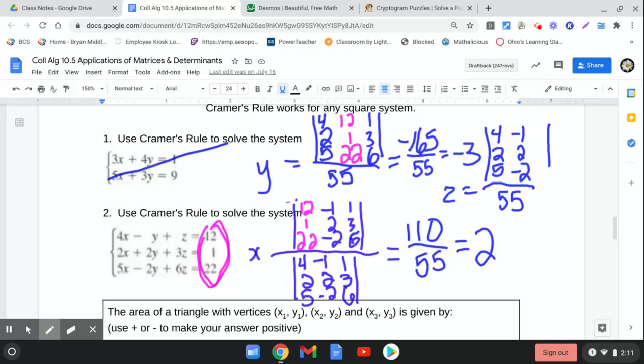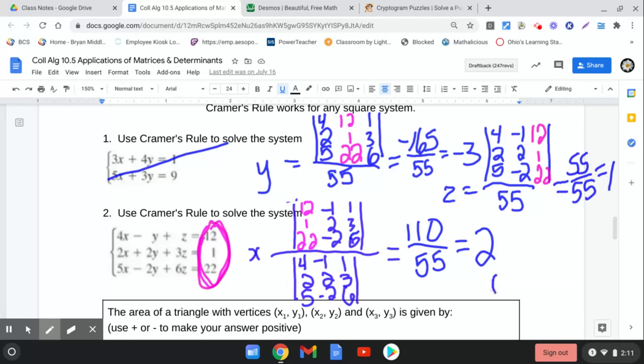And then the z coefficients, we're going to replace them with these answers, 12, 1, 22. Go over to Desmos, find the determinant of that matrix on top. It turns out to be 55. So 55 divided by 55 is 1.